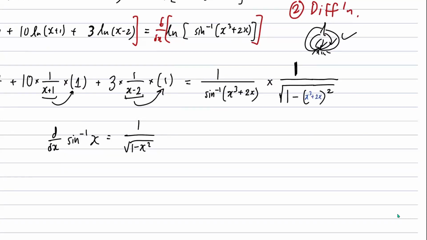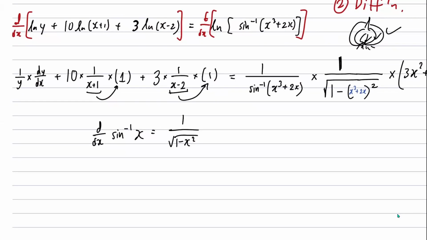Okay. And times 3x squared plus 2. What's missing? A pair of... wait, don't tell me. A pair of brackets. Yes. Very good. Then from there, you can make dy by dx the subject, and you got your answer. I'll leave you to do it on your own.